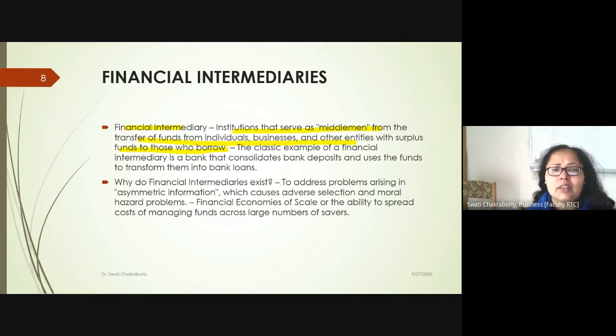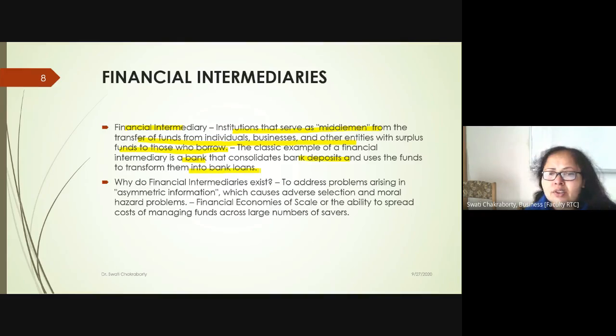An example of a financial intermediary is a bank: people deposit money, so the bank has bank deposits, and then the bank uses those funds to give loans.